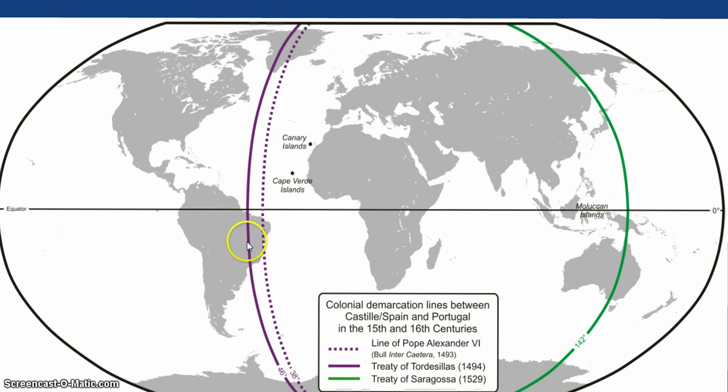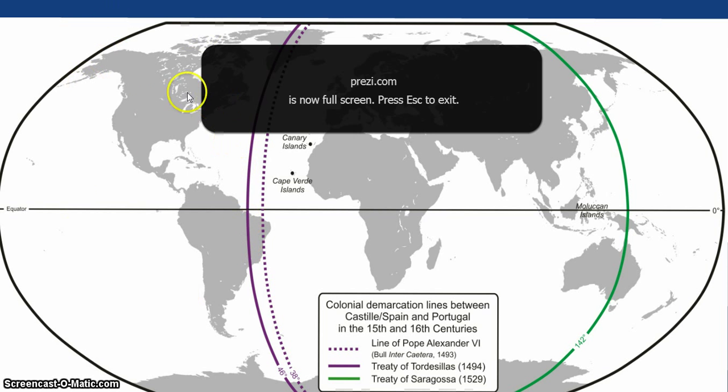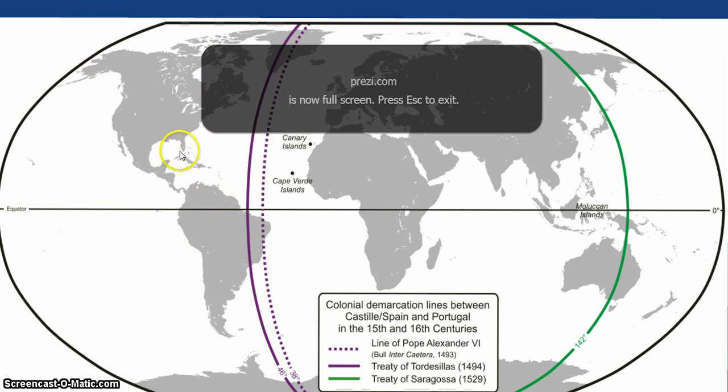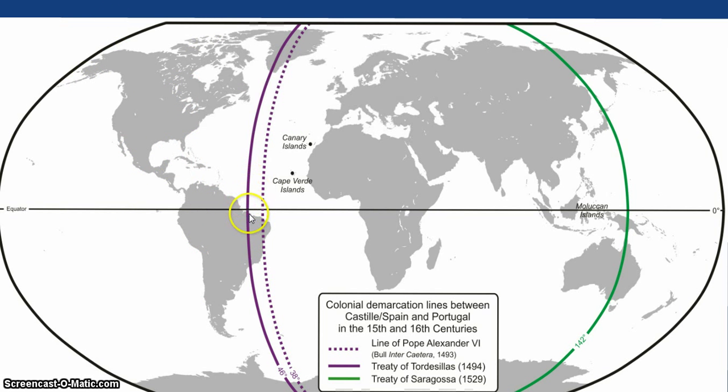Now you can see they had no idea how much stuff was on this side of the treaty line. So while Portugal got this right here, which is now modern-day Brazil, technically, according to the Pope, Spain owned all of this stuff, which is quite a bit. Which is exactly why the one decision of one man led to this whole area speaking Spanish, this whole area speaking Portuguese.